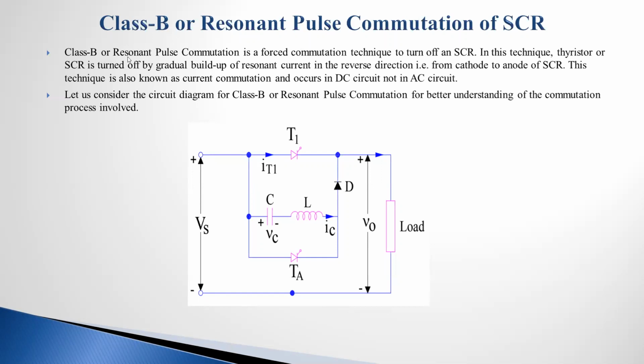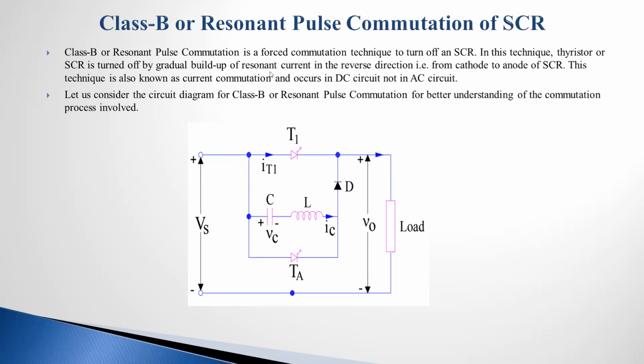Class B or resonant pulse commutation is a forced commutation technique to turn off an SCR. In this technique, the SCR is turned off by gradual build up of resonant current. Is it clear?